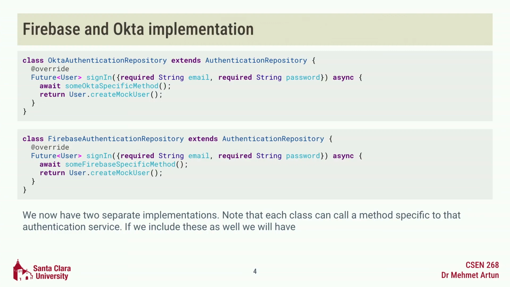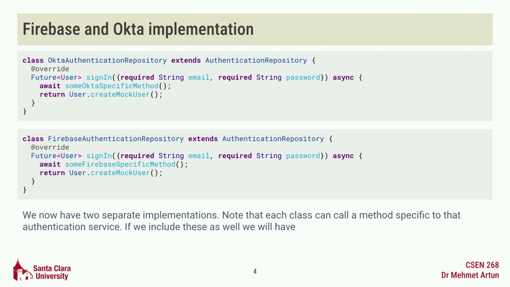But before that, it goes and calls some Okta-specific code inside it, whatever it needs to do. Maybe it has some connection string, it has some credentials, etc. to connect to. It does that, but at the end, it sends me a user. Same thing with the Firebase method, specific method.